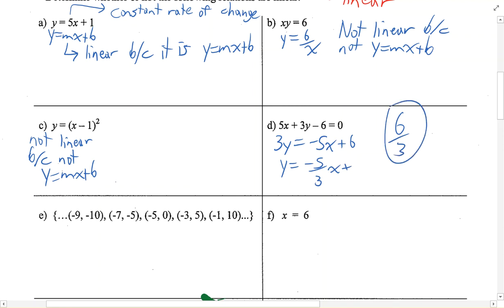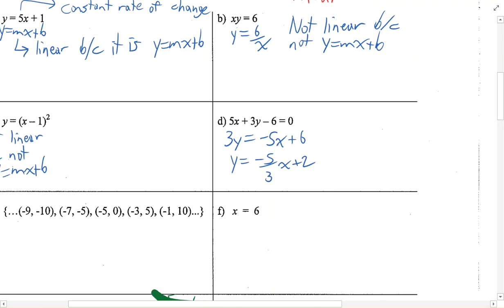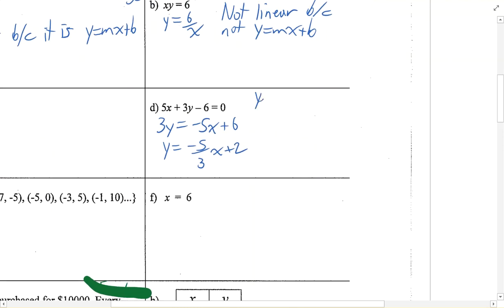What is 6 divided by 3? 2. Okay. And so it would be yes, linear, because it's y equals mx plus b. Okay. Any questions so far?